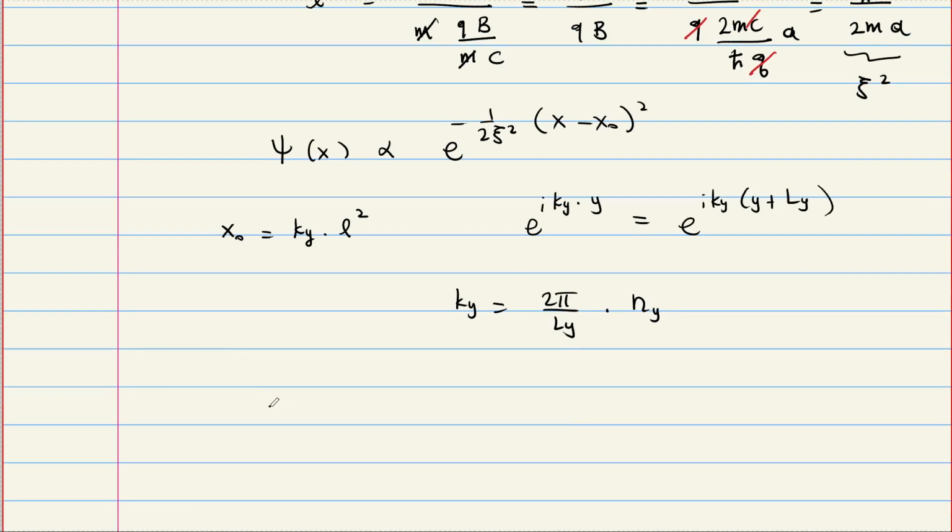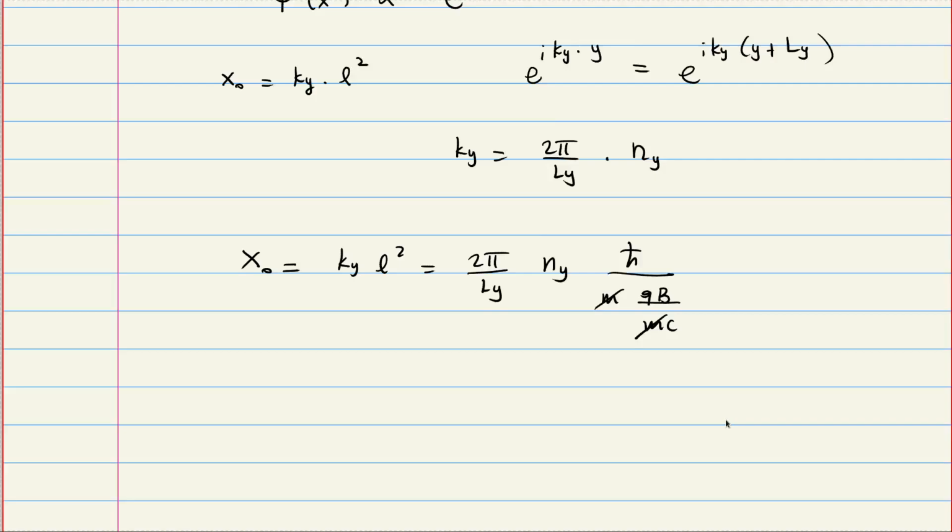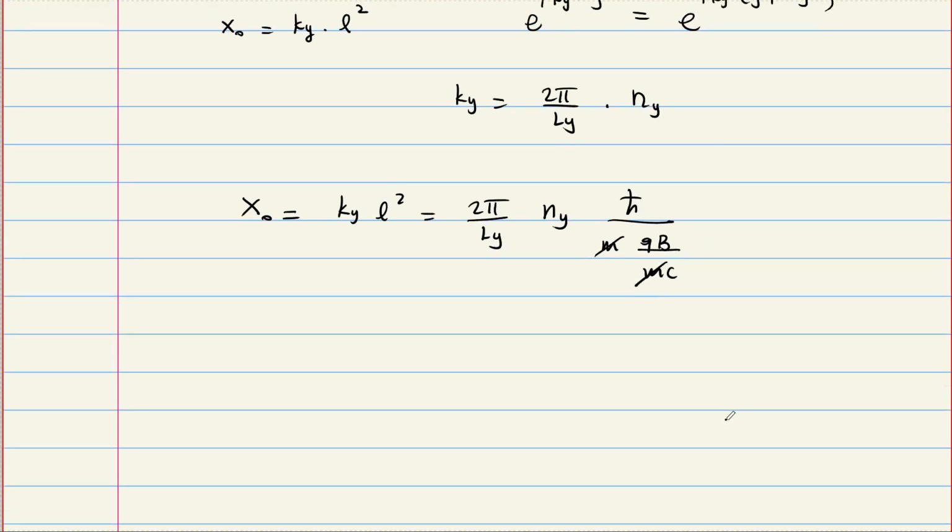and this x naught becomes ky L squared, 2 pi over Ly ny, and L squared I'm going to write h bar over m q B over m c, like a lot of cancellations. And I want to write this in terms of flux.